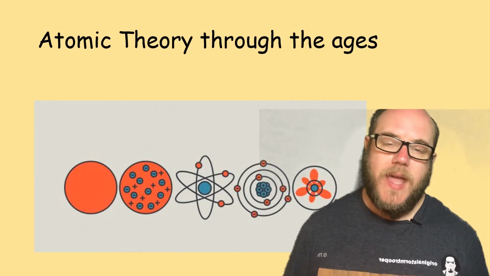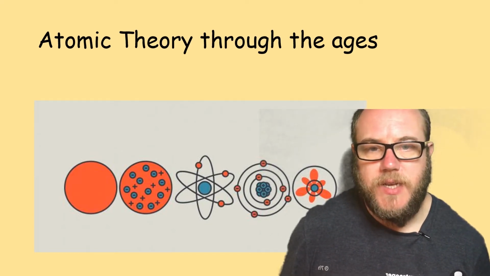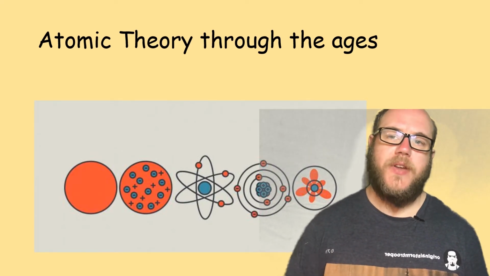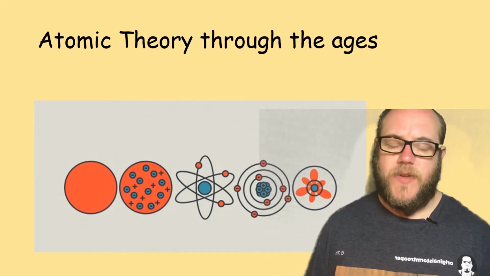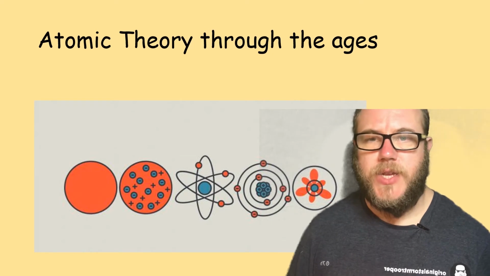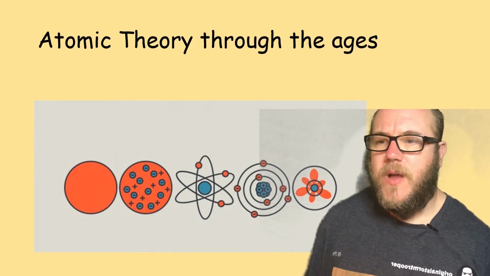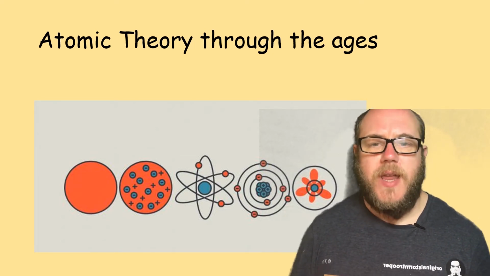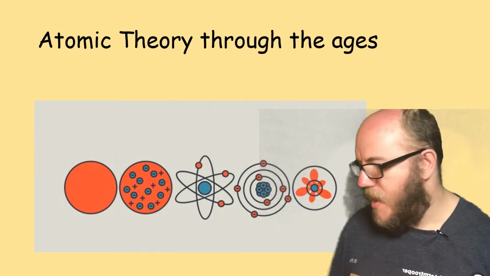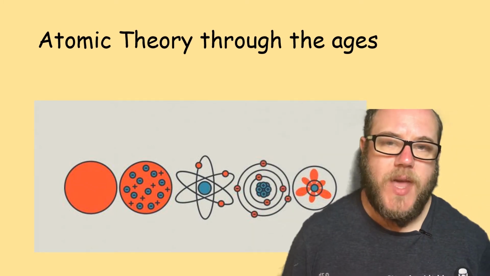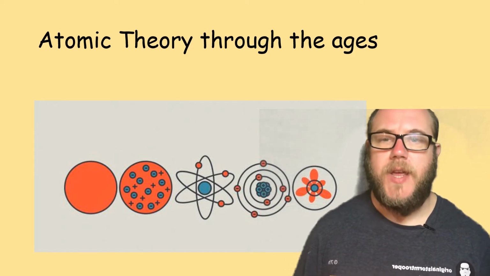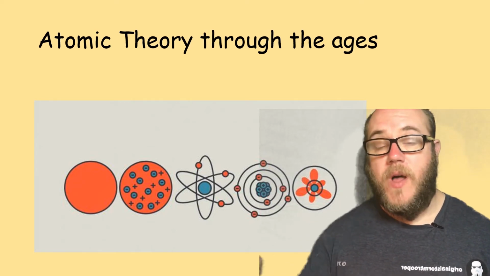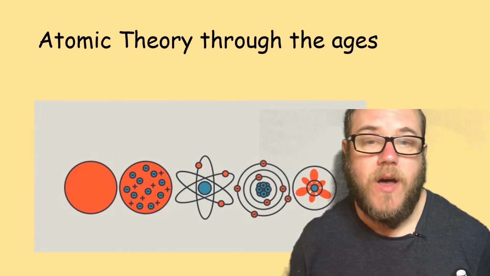So here we go. Here is our atomic theory through the ages. We started out with hard spherical balls as our atomic model. These spheres would just sit next to each other and interact, but nothing could change them really. They just were what they were. And then J.J. Thomson came along and went, aha, nope. No. There's little tiny things inside it called electrons. So therefore they must be dotted around this hard sphere.